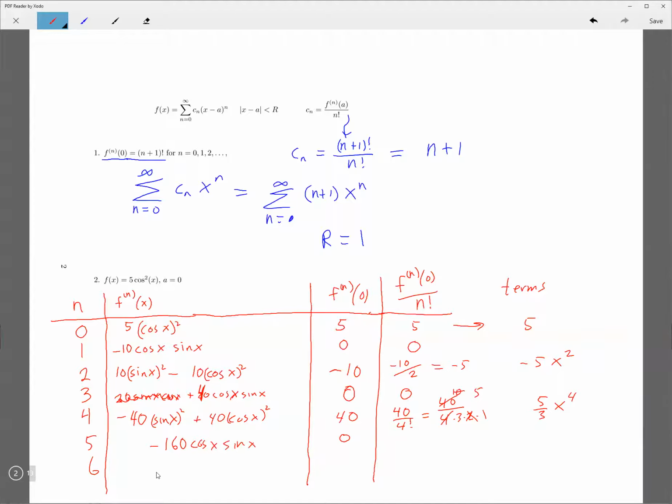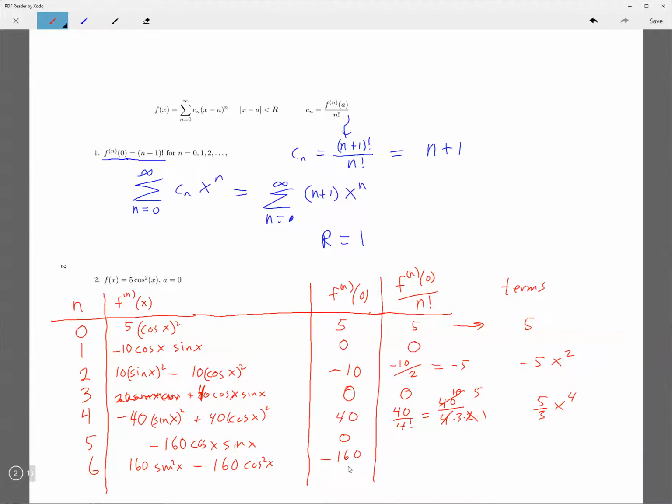And that's going to be 0. And then the next one is going to be 160 sine squared minus 160 cosine squared. And then, so that's going to give you negative 160.